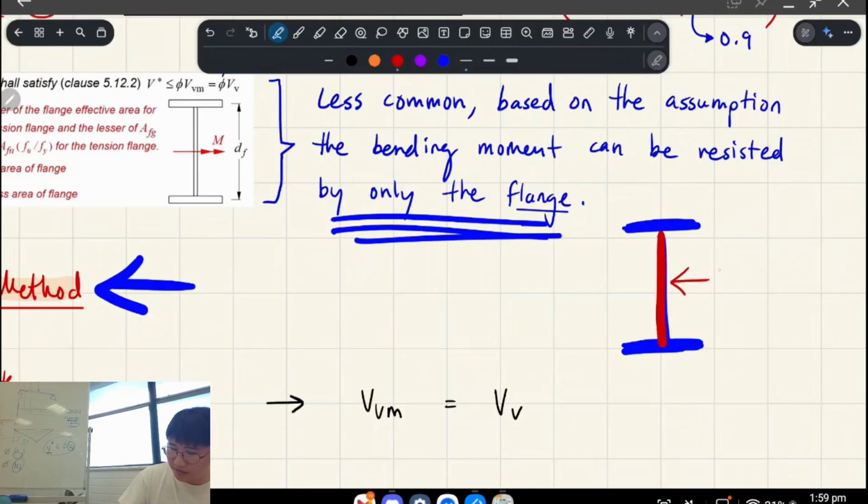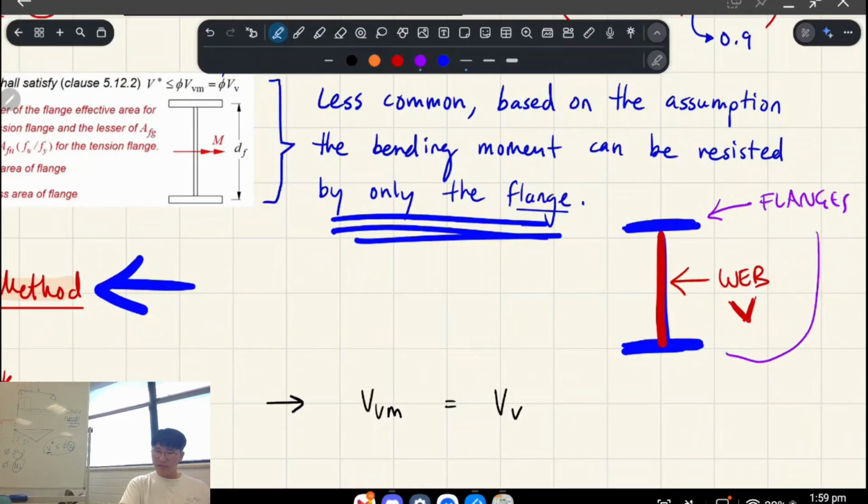We say that the web takes the shear, okay? And you'll see that this is reflected in the formulas. The majority of the shear resistance comes from the web. And then, as we know from flexure, the flanges take most of the bending moment, right?